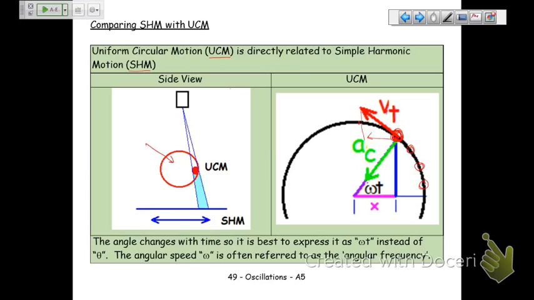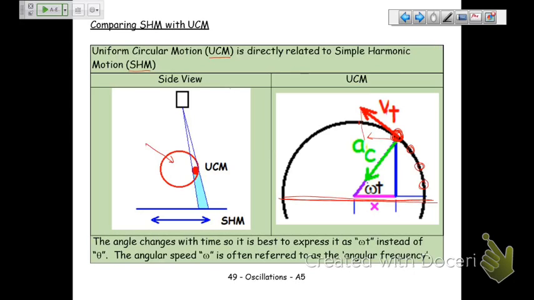So the x position, the displacement, is the displacement that a pendulum would have going backwards and forwards at any instant in time. The x component of my tangential velocity is the velocity of my pendulum, and the x component of my centripetal acceleration is the acceleration of my pendulum.